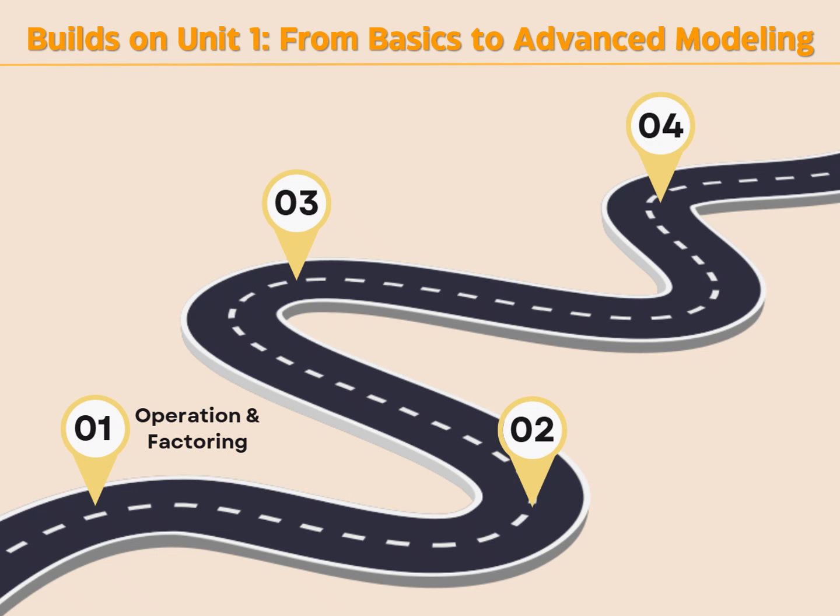Then, we factor them using tricks like GCF, greatest common factor, difference of squares, and grouping, which unlocks everything else. From there, we move to graphing and analysis, spotting zeros, multiplicity, intercepts, and end behavior to sketch quadratic and cubic functions accurately. Now, we'll even tackle piecewise and greatest integer functions from Unit 1 that we deferred.